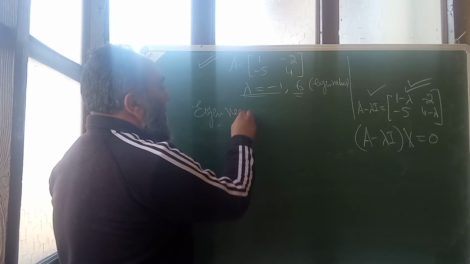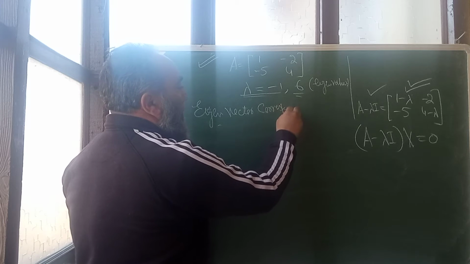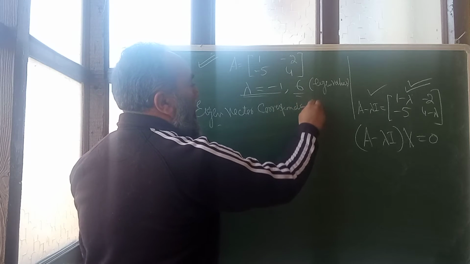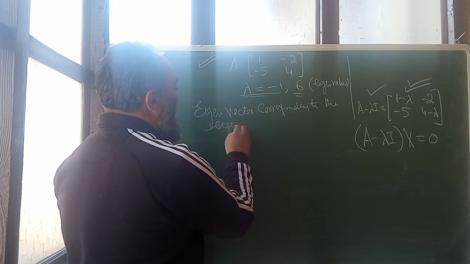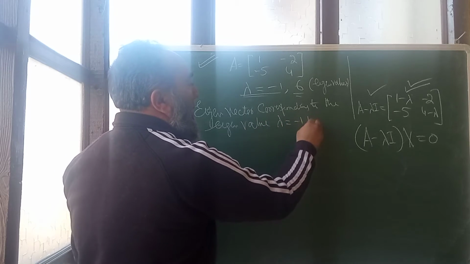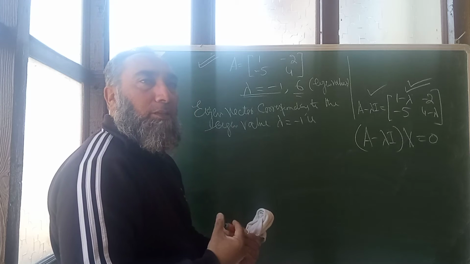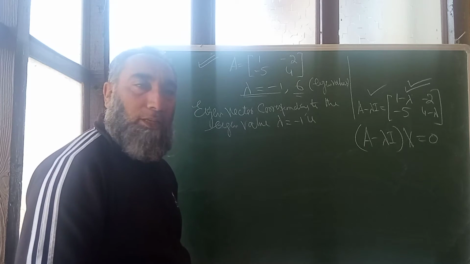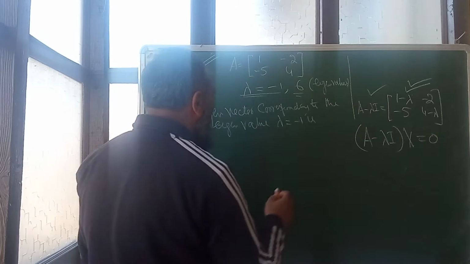Now the eigenvector corresponding to the eigenvalue lambda equal to minus 1 is, let me take up lambda equal to minus 1 first, and then in the second case I will be taking lambda equal to 6. Now lambda equal to minus 1, this is the characteristic matrix.